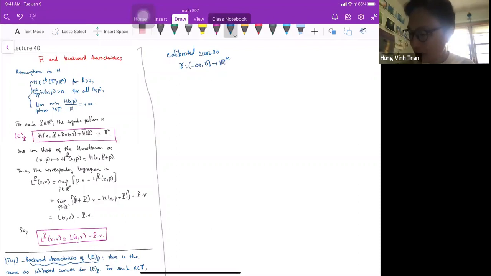Again, with periodicity, everything periodic, and surely calibrated curves in PDE we often call backward characteristics.